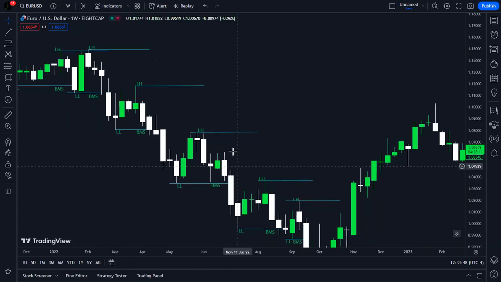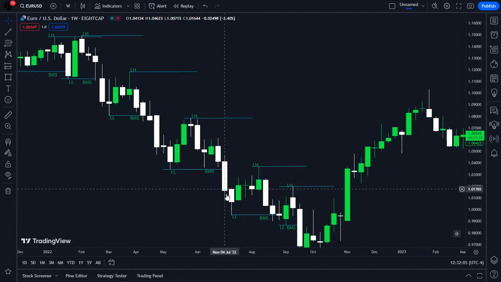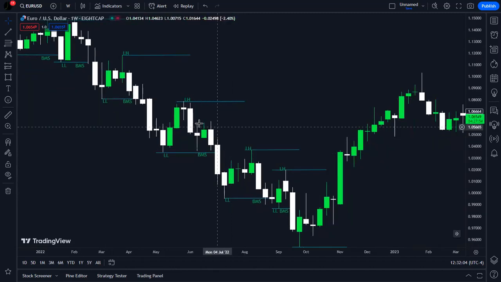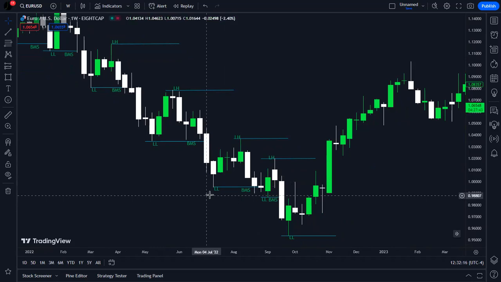Once we break below that, that's breaking market structure. We want to see a candle break and close below the current dealing range or below the current lower low, and then we make it a confirmed breaking structure. Then we have a new dealing range in this lower high and new lower low, retracement with a new lower high, drop, break the current dealing range.